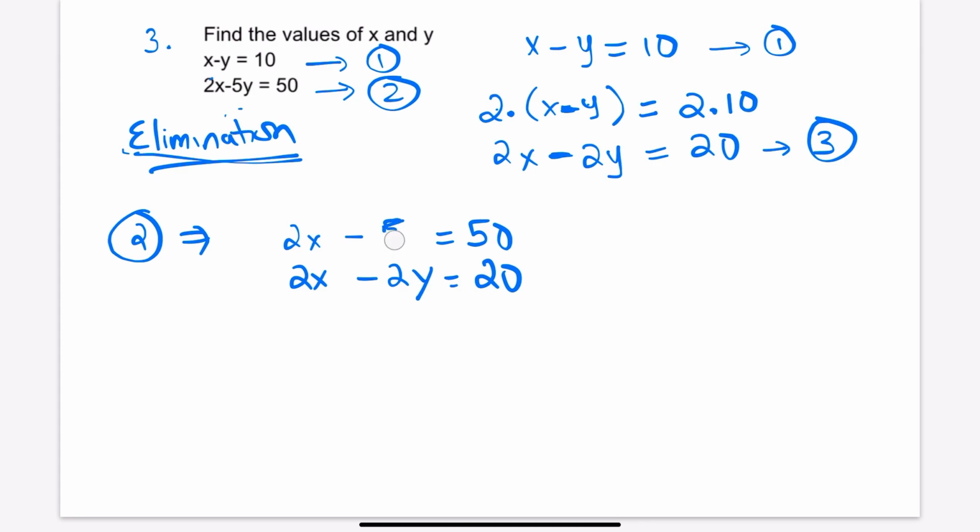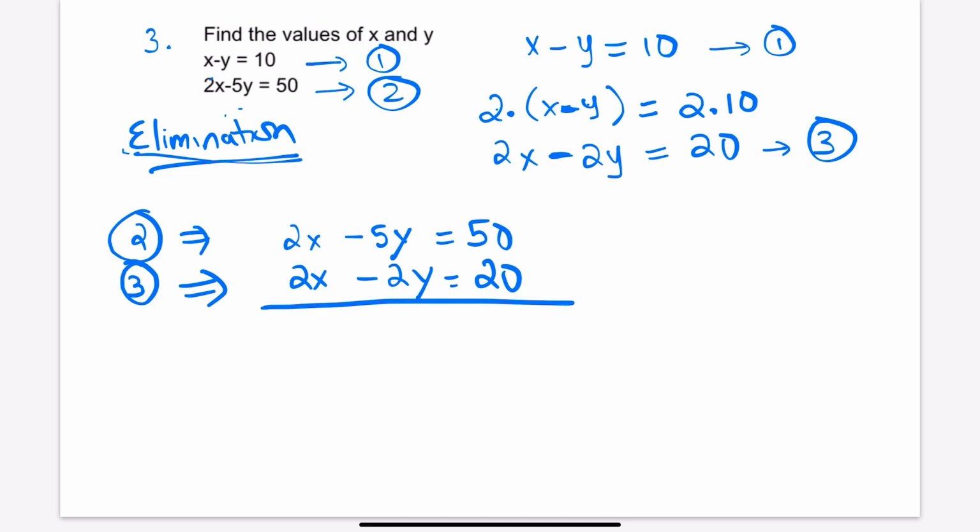Let me rewrite this, 2x minus 5y. Okay, now it looks better. This is equation 2, this is equation 3, which is nothing but the modified form of equation 1. So now I made the coefficient of x the same, which is 2. Now I can just subtract one equation from the other.